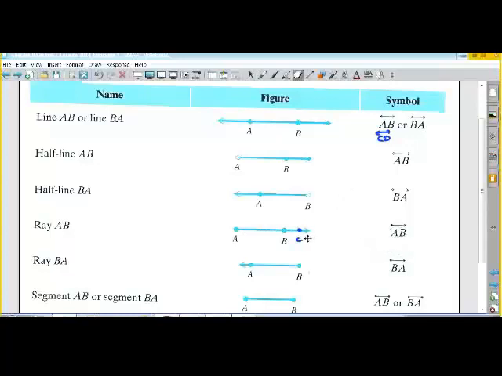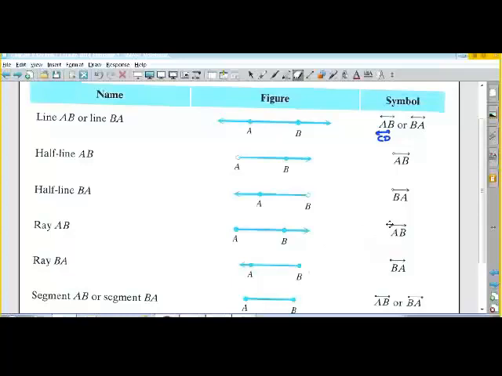So the key thing to remember here is for rays, the order is important. You always put the beginning of the ray as the first letter, and the second letter represents another point on that ray. So these two rays are different even though we're using the same 2 points. This one starts at A and goes through B. This one starts at B and goes through A. This one goes to the right to infinity, and this one goes to the left to infinity.